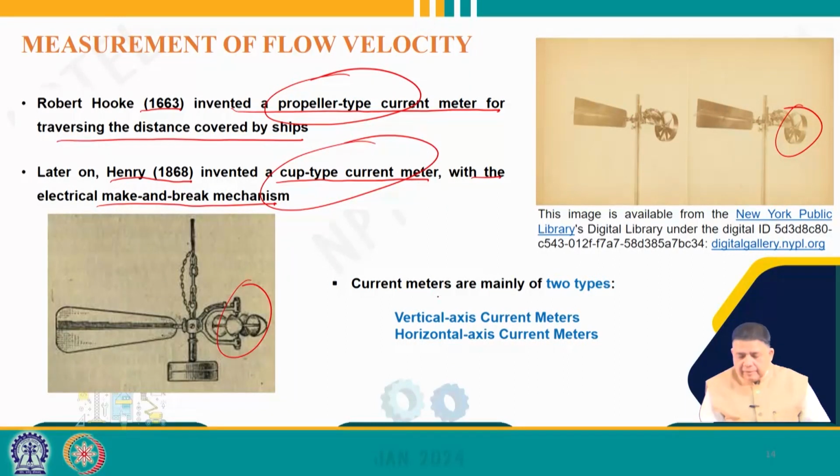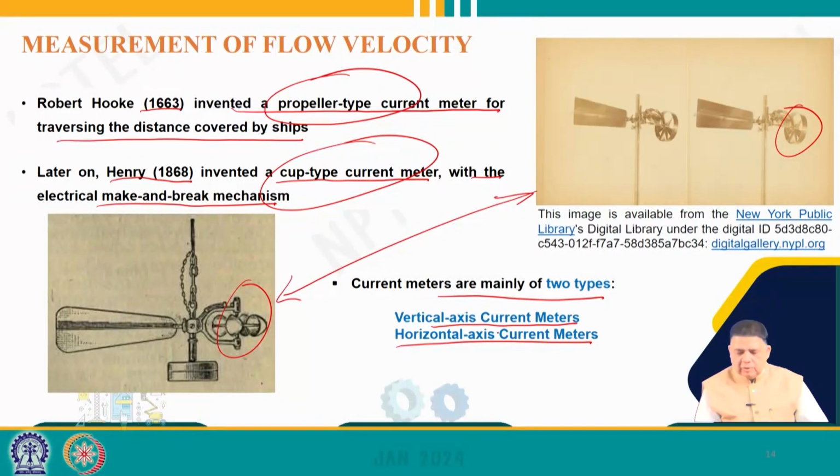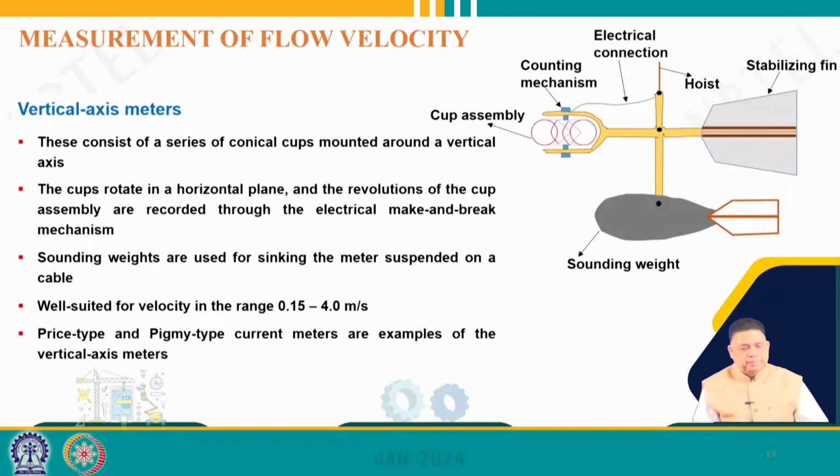And current meters are mainly of two types: vertical axis current meters and horizontal axis current meters. And of course, when we come to discuss this, you will realize that basically these are the two types of current meters we are talking about. Coming to vertical axis meters, these consist of a series of conical cups mounted around a vertical axis.